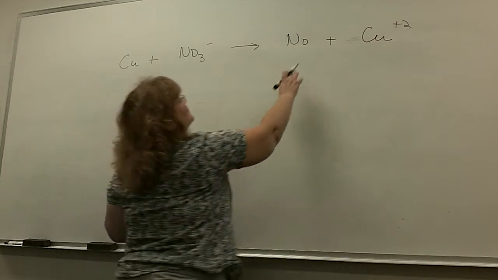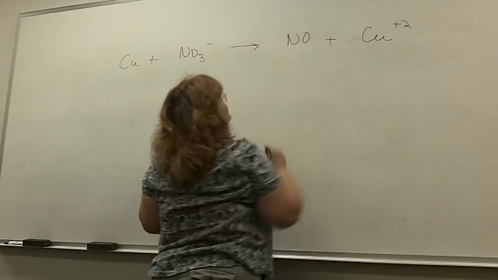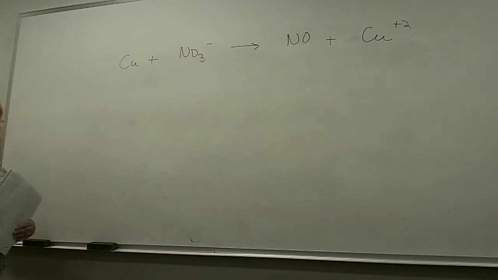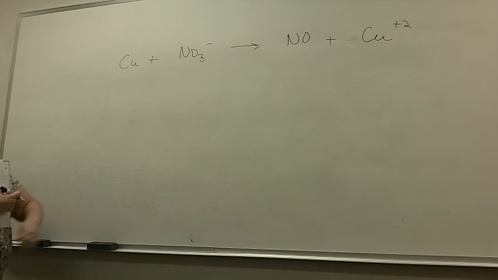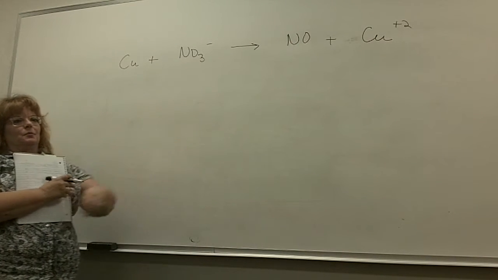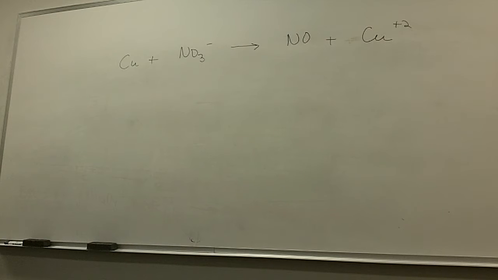Yeah. Better? Mm-hmm. Okay. So it says it's in acidic solution, but like I said, if I didn't tell you that, NO3 is going to accept a hydrogen and become an acid. But I will at least tell you what it is.